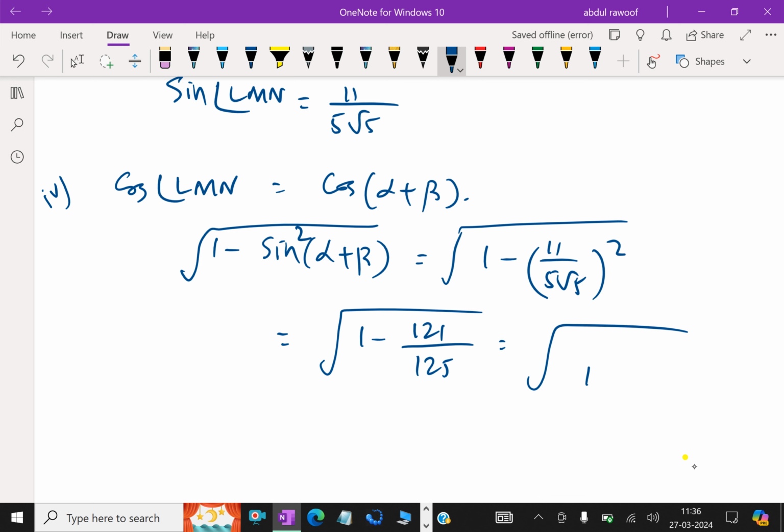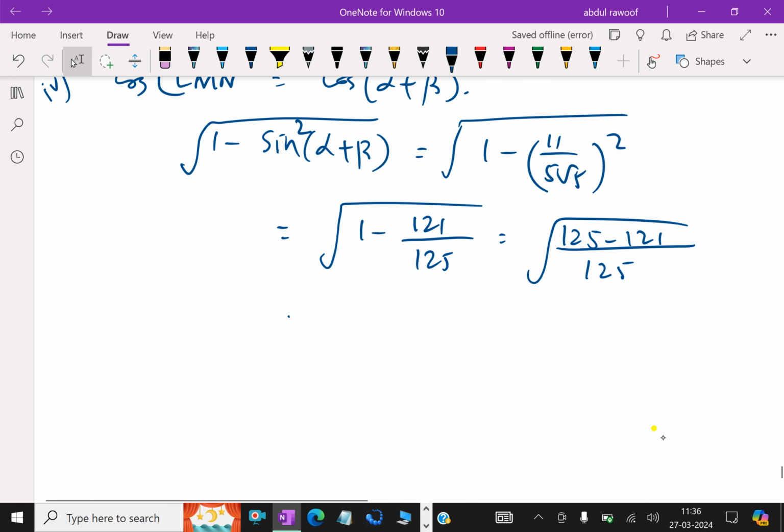With 125 as the common denominator, 125 minus 121 gives the square root of 4 over 125, which equals 2 over 5 root 5.